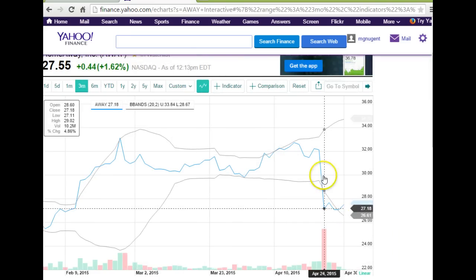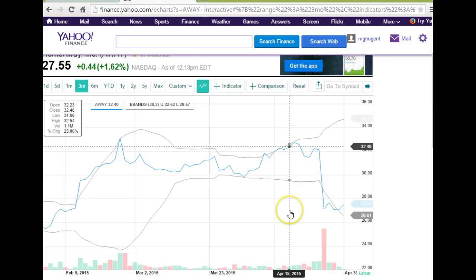It was around $32 and it dipped down to 27 or so. So those insiders probably knew that, and the reason that fall happened is because their earnings were not as good as expected. So the insiders probably knew that was coming up, and they said, let me sell my shares of stock because the investors aren't going to like this when it happens.